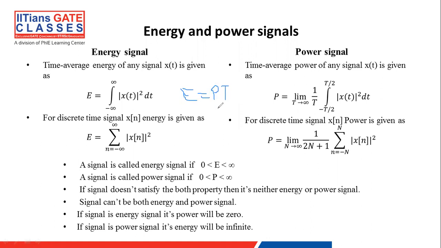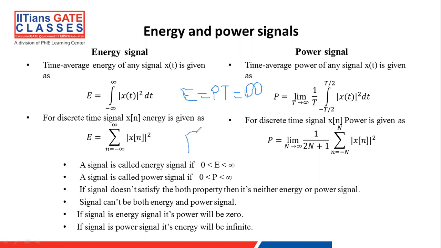It means that power will be some finite number less than infinity but greater than 0. So when I calculate energy, I will put power into time, where time is tending to infinity. So this finite number multiplied by infinity will become infinite. In that case it will not follow this property. That's why if a signal is a power signal, it will not be an energy signal.